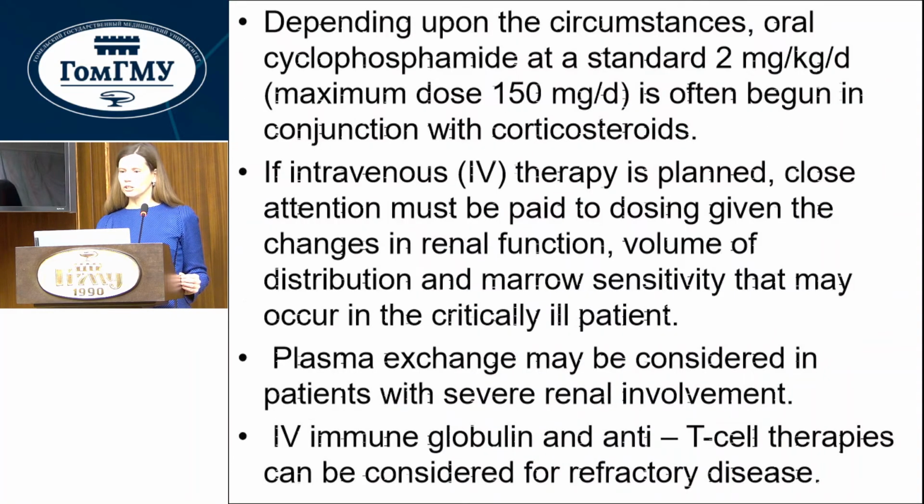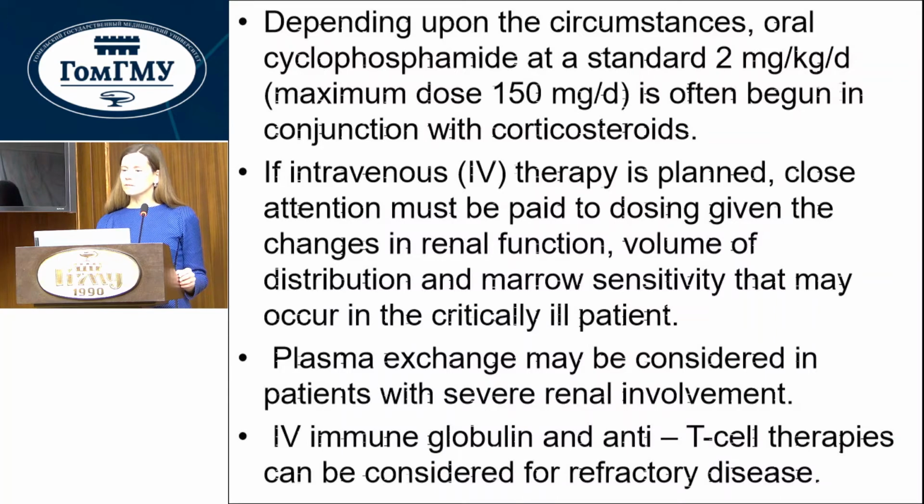anti-T-cell therapy, and biological agents we can also use for treatment. Large vessel vasculitis is a common vasculitis, and first of all about the primary form, giant cell arteritis. Usually occurs in patients more than 50 years old and is often associated with polymyalgia rheumatica.